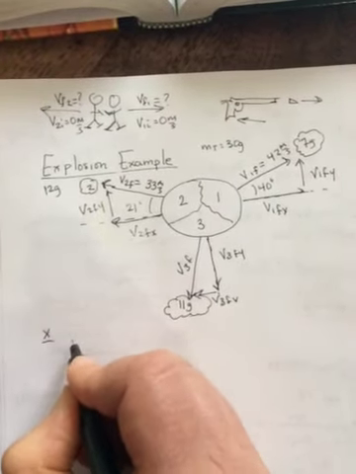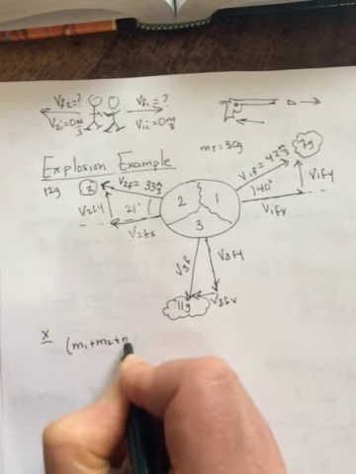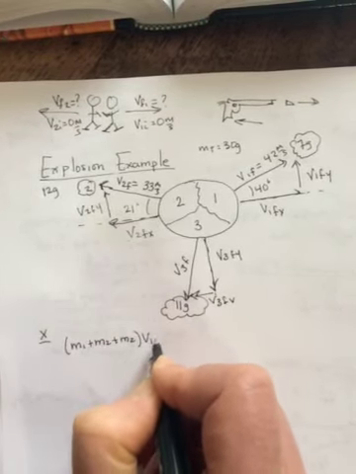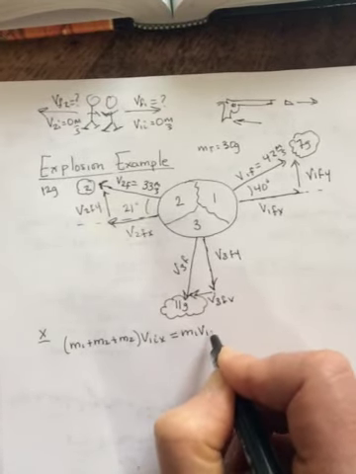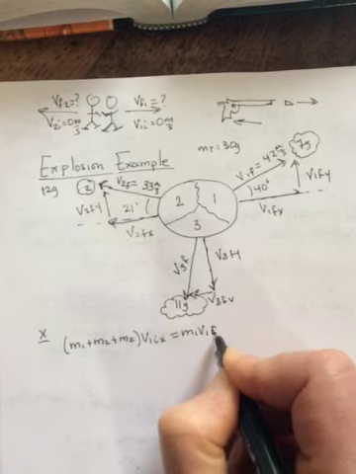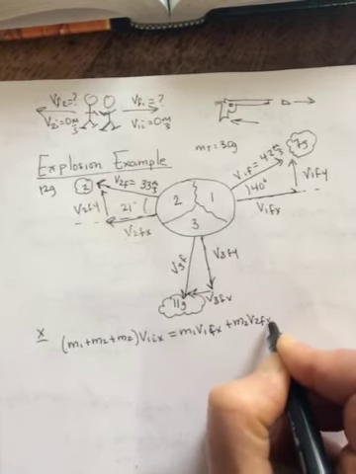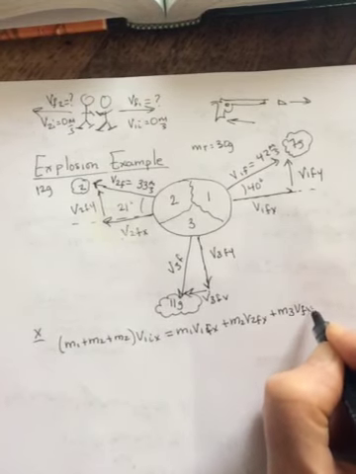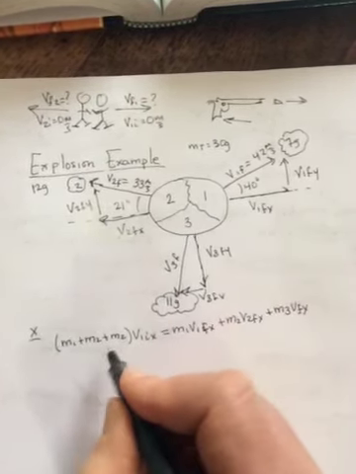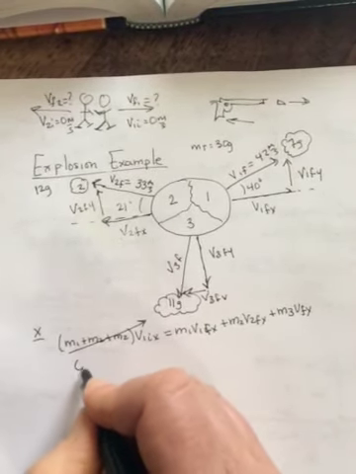In the x direction, initially it's all together, m1 plus m2 plus m3, times v initial x. And that's going to equal m1 v1 final x plus m2 v2 final x plus m3 v3 final x. Now, this whole side is 0 because initially it's not moving.